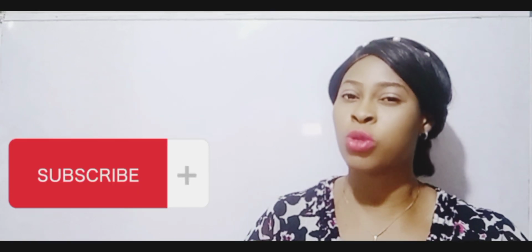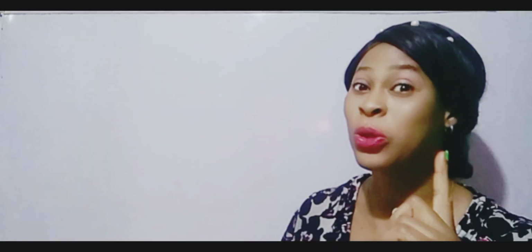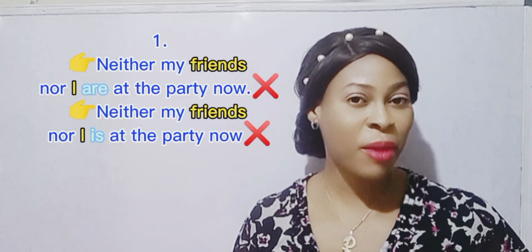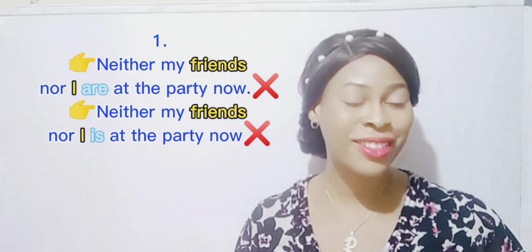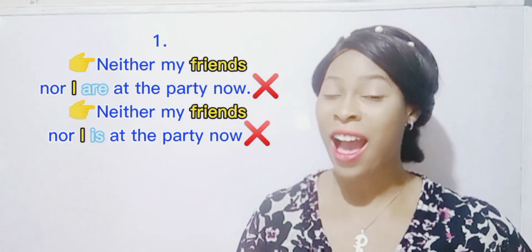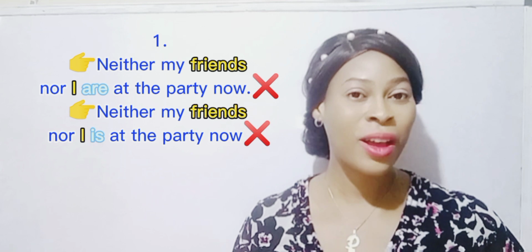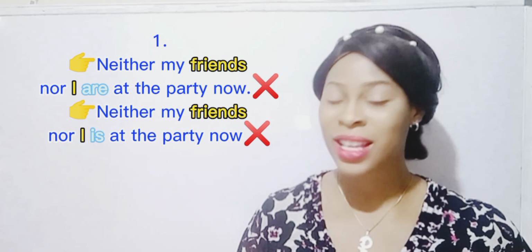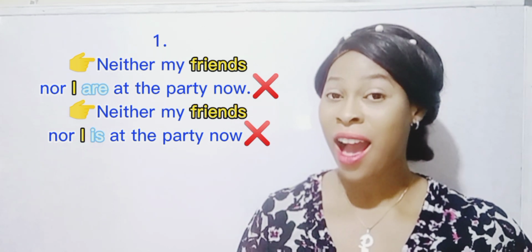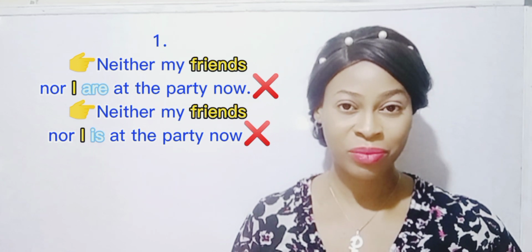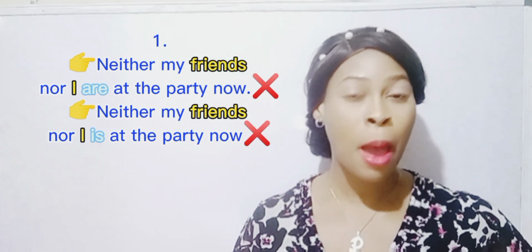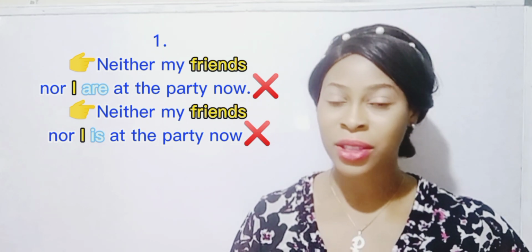Let's look at other illustrations, or other errors that we often make. Do not say, "Neither my friends nor I is at the party," or "Neither my friends nor I are at the party." The logic is this: my friends and I are two.